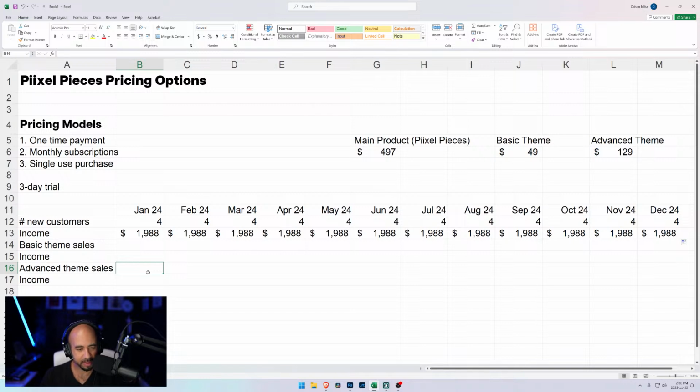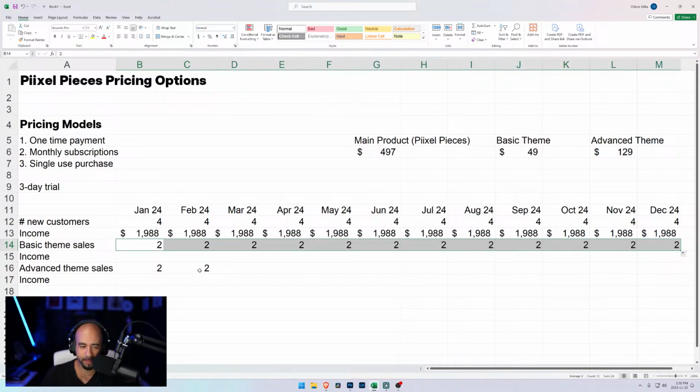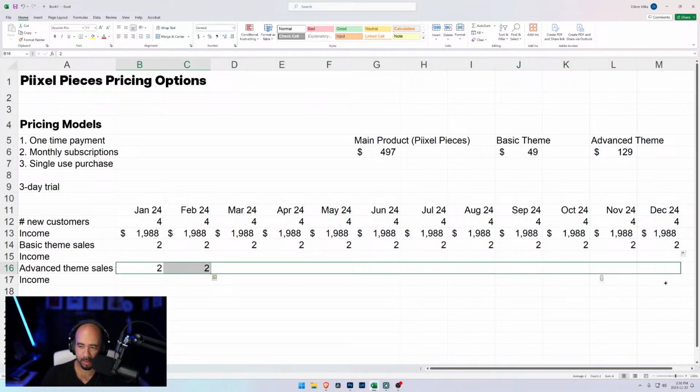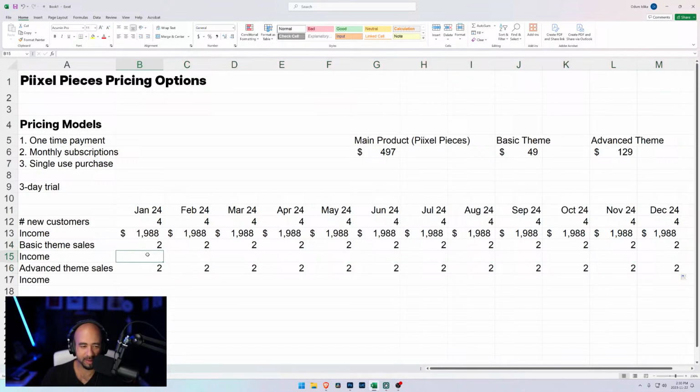So I mean, let's be, I don't know, super, again, I'm just making up these numbers. If we make 2 sales a month, I mean, you think you could make more than that, but it equals this times this amount. Oh, that didn't work. Equals this times this. Oh, no, not times this.